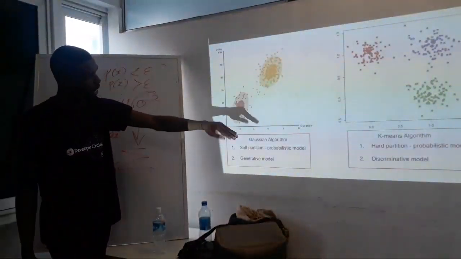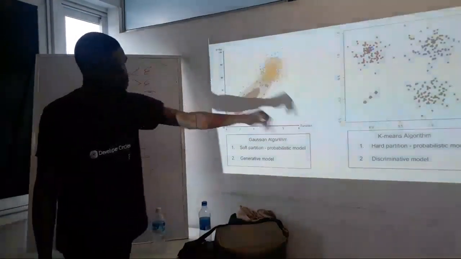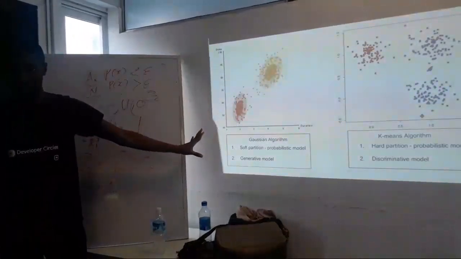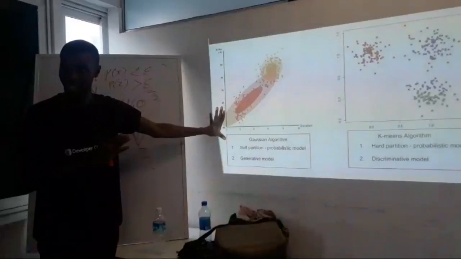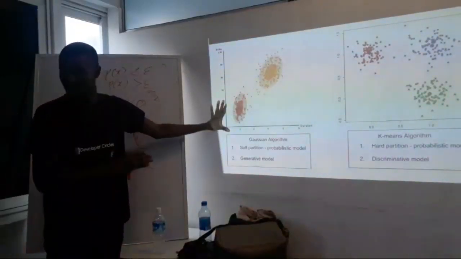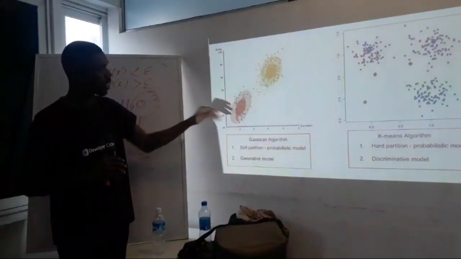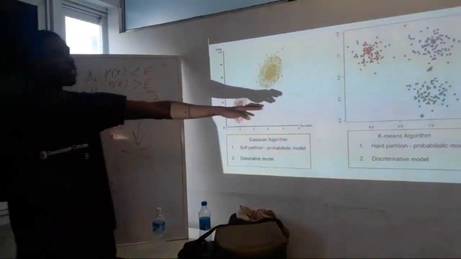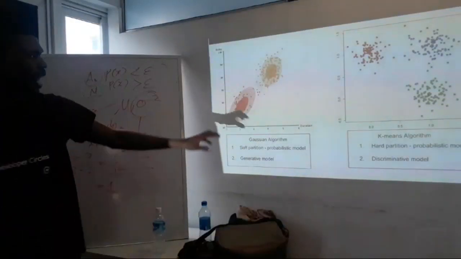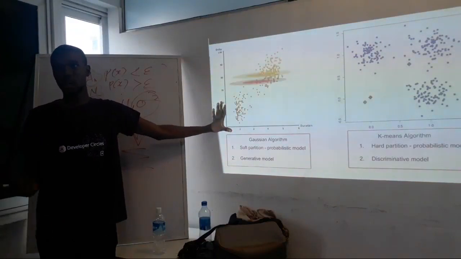This one is different from the other one. This one is a generative model. Anything that deals with probability, most times with respect to machine learning, is a probabilistic, generative model. K-means will tell you this point is in this cluster and not in that cluster. This one will tell you that the point is 80% in this cluster and 20% in the other cluster.